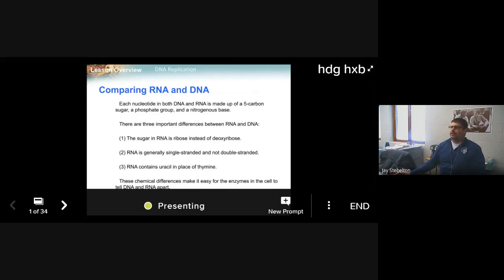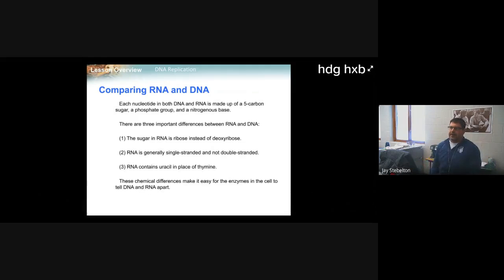Okay, so listen, the first part of this is comparing RNA to DNA. Between those two strands, each is still made up of that 5-carbon sugar. The only difference between the sugars is that DNA is deoxyribose and RNA is ribose.